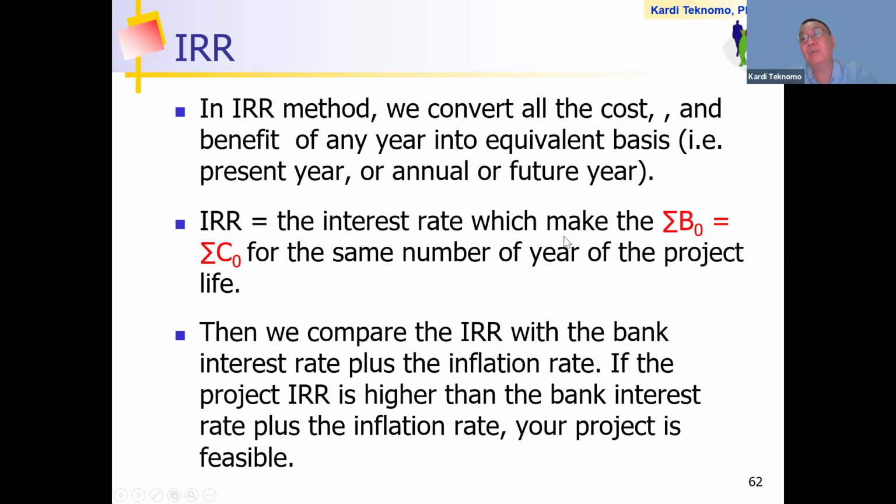You make the sum of the benefit equal to the sum of the cost, meaning net benefit zero, and then we compute what the rate is. Once you get the IRR, we compare it with the bank interest rate plus the inflation rate. If the IRR is higher than the bank interest plus the inflation, then your project is feasible.